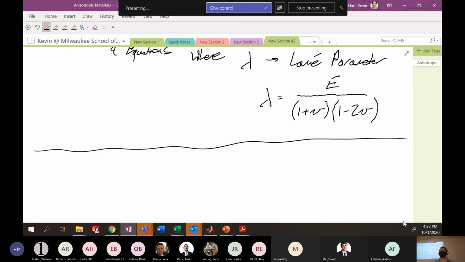We have to express stress and strain relationships in terms of many possible elastic parameters: E1, E2, E3, nu12, nu13, G12, and so on. So we need a way to communicate Hooke's law using not just 2 variables, but potentially many variables that define the material properties.